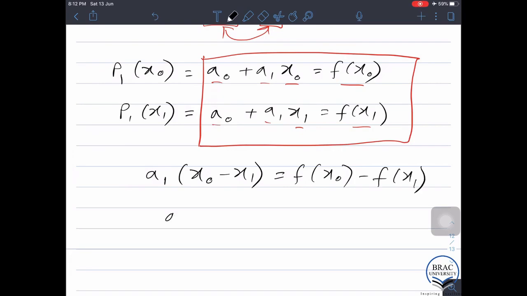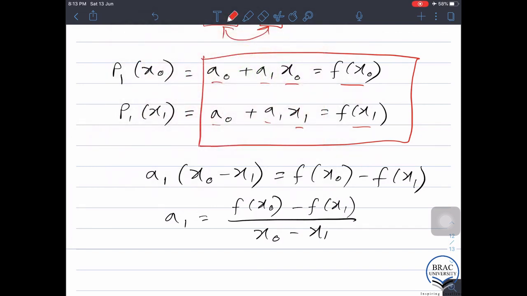And if you divide, then you get f of x0 minus f of x1 divided by x0 minus x1, and we have got a1 in terms of all my known data.